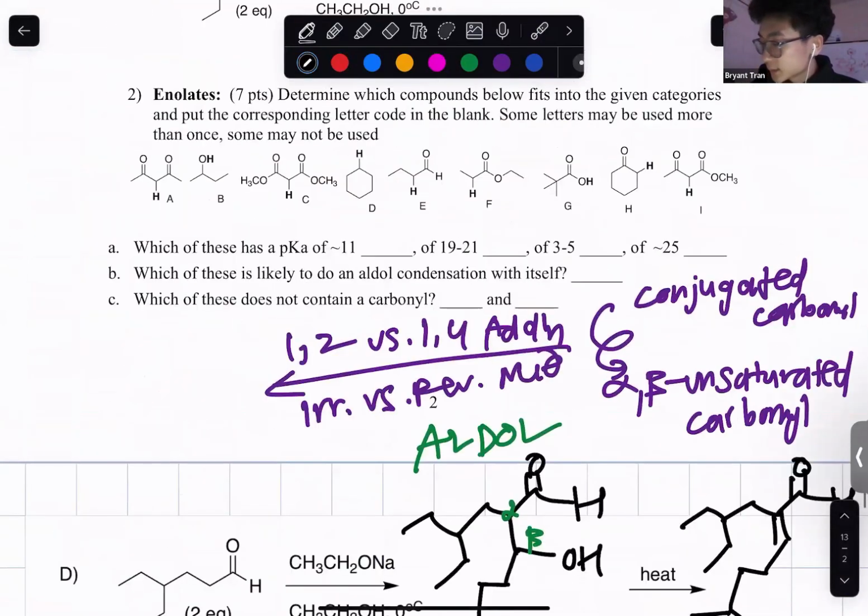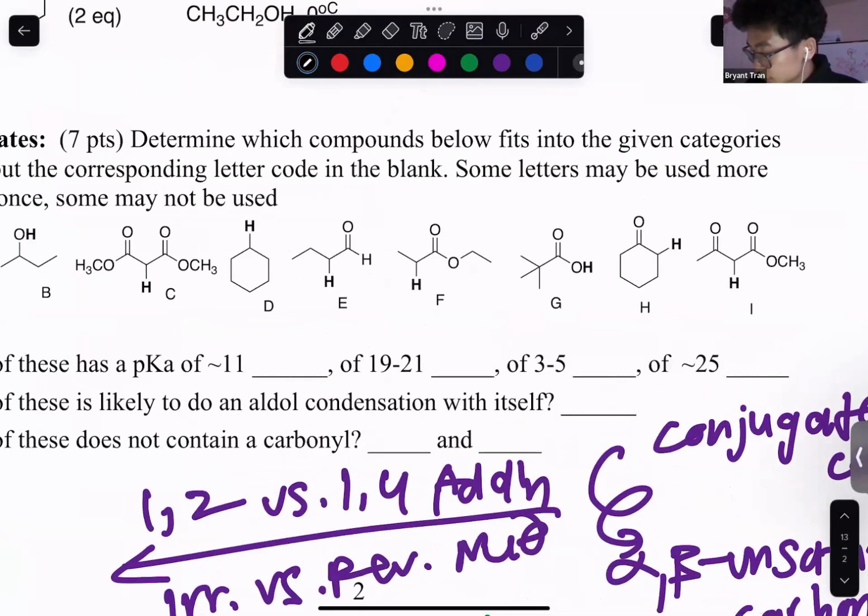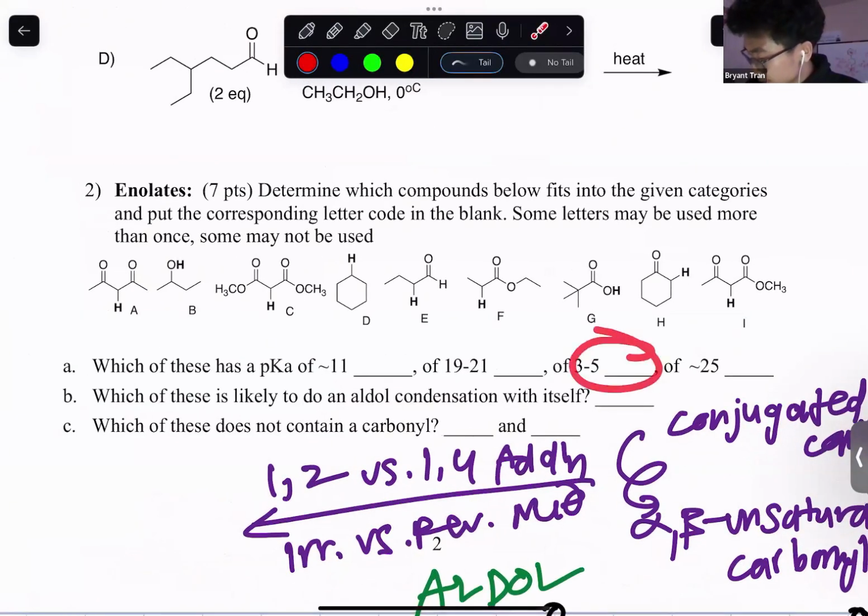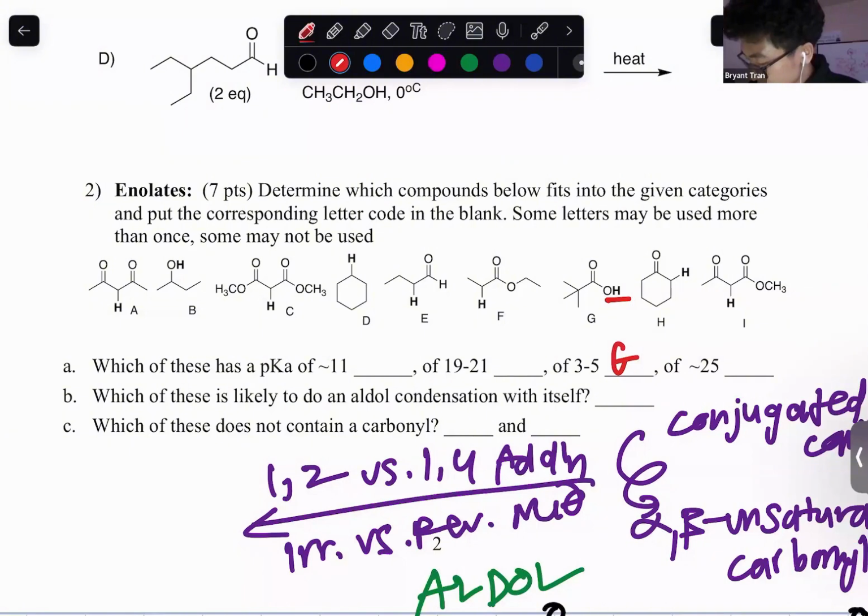So based on her list, around 3 to 5 is going to be the carboxylic acid hydrogen, G. Around 25 is going to be the alkyne. Okay, 19 to 21 is the ketone, which is H.